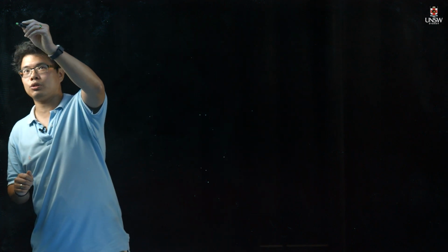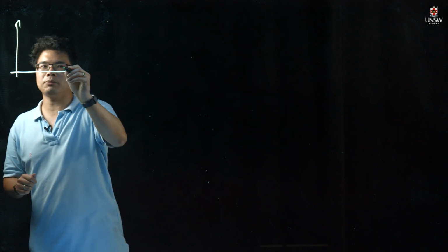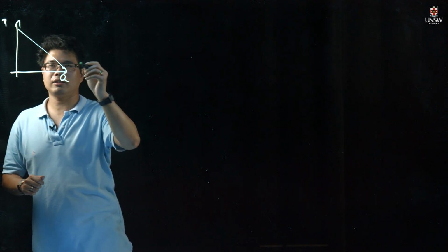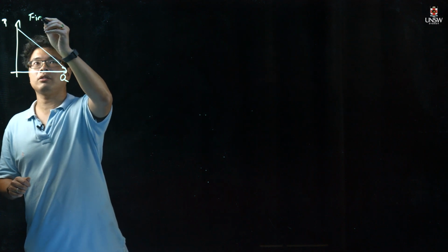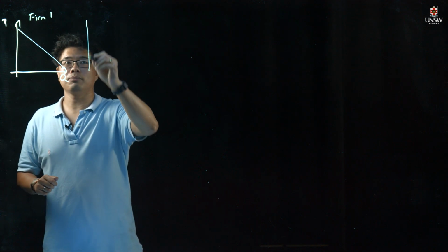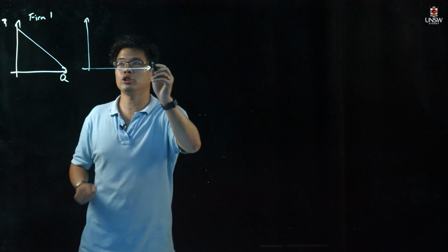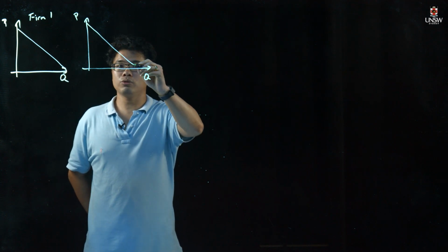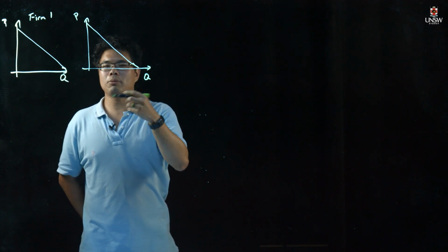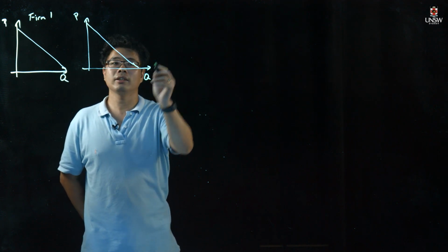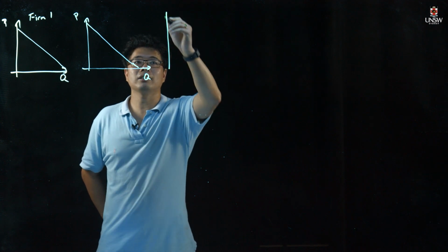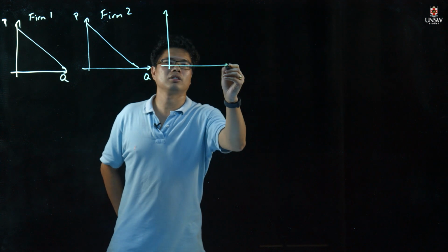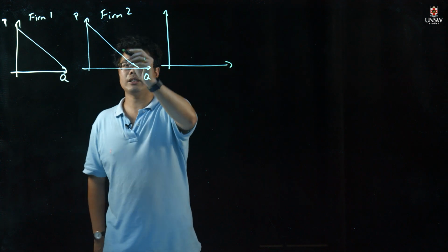If you recall, we have a bunch of demand curves, and this might be for firm 1 and for firm 2. Assuming that this market consists of just 2 firms, hopefully you remember that the way to obtain the market demand is to just sum up these two.